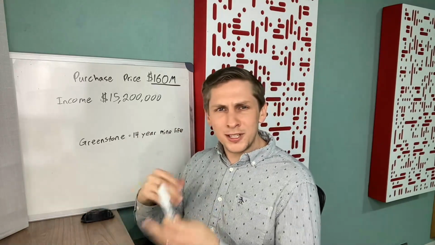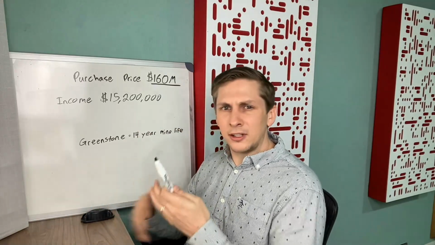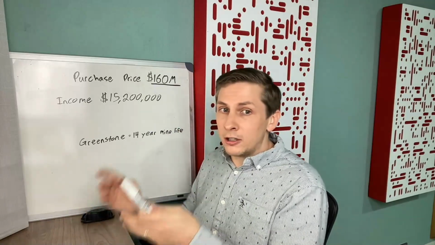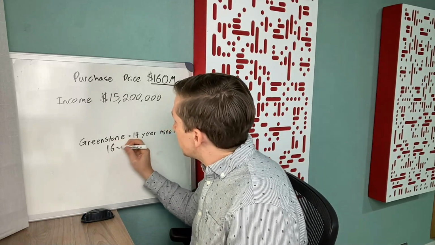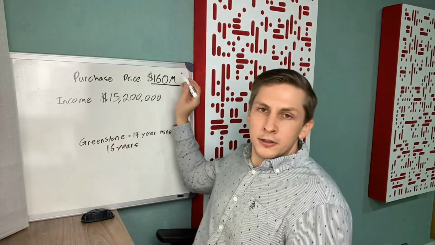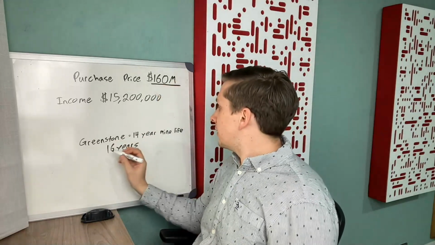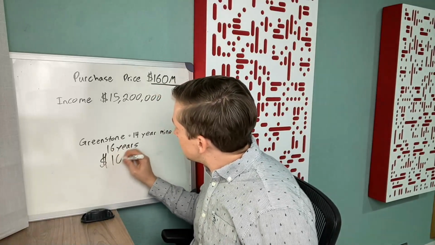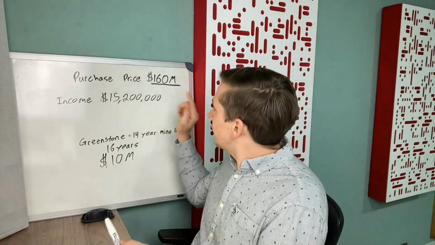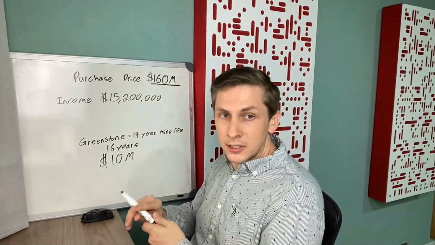They'll take the 14 years and then they'll probably add just a little bit to account for some of the resources that aren't part of the reserves. Maybe they depreciate it over 16 years. You have a $160 million purchase price divided by 16 years, meaning they're taking a $10 million depreciation expense every year for the first 16 years.